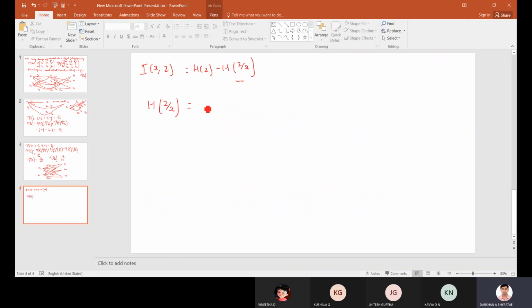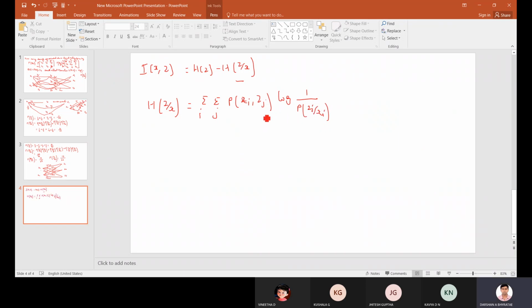If I write the formula, it becomes the summation over i and the summation over j of P of xi comma zj into log of 1 by P of zj by xi.